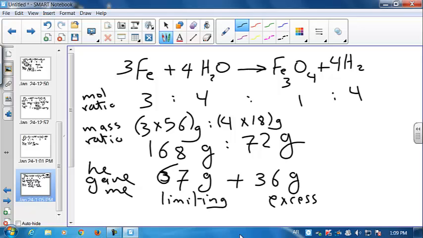I will get how much iron oxide can be produced, or how much water it can react with, or how much hydrogen is produced. I will build on the limiting, so this is why I will work on the 67.